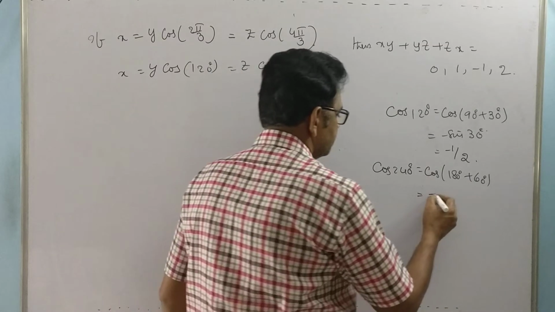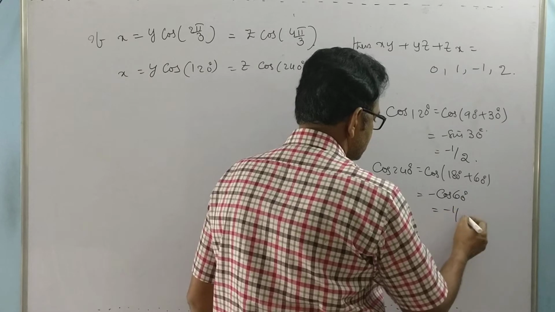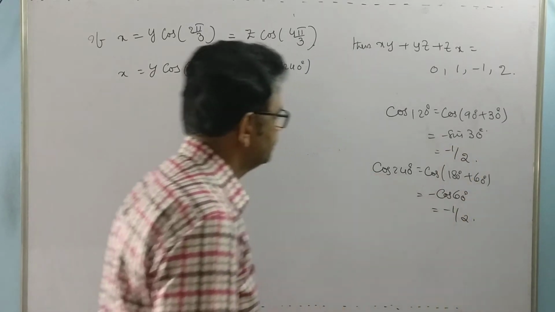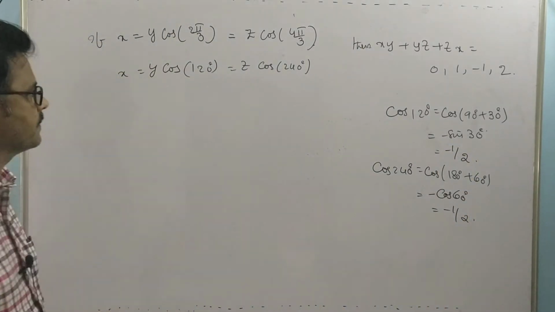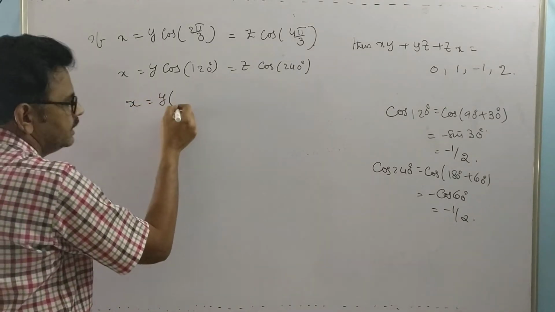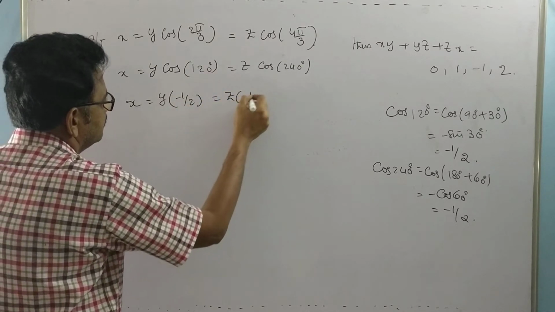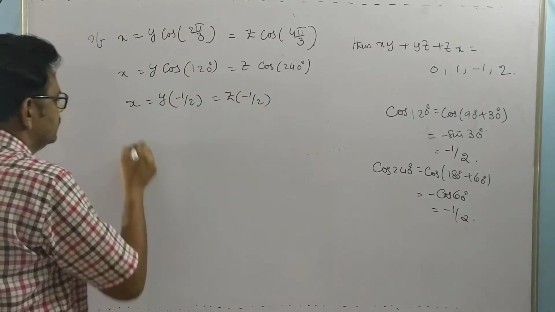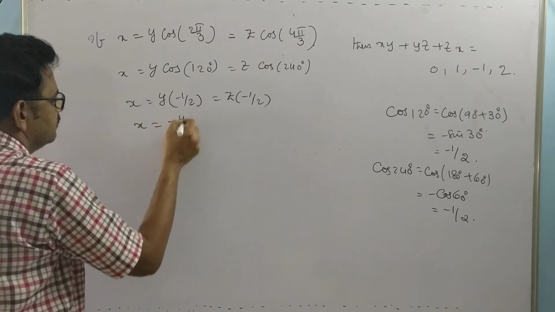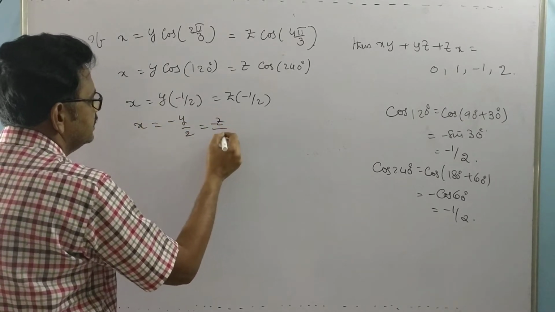So this is minus cos 60 degrees, that equals minus 1 by 2. So x is equal to y into minus 1 by 2, z into minus 1 by 2. So x equals minus y by 2 equals minus z by 2.